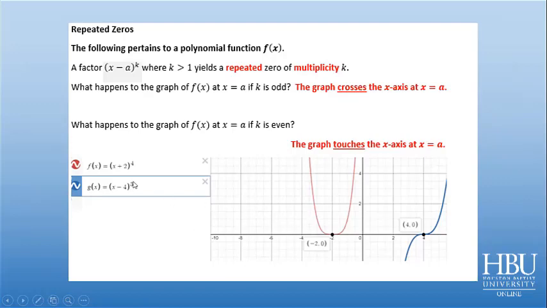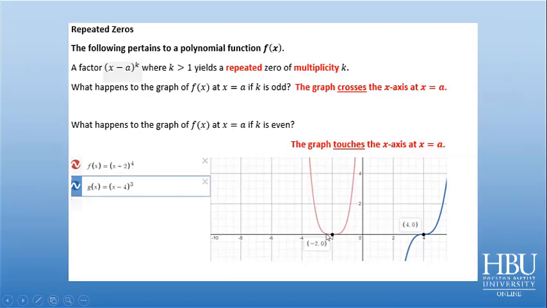The red graph here is f of x equal to (x plus 2) raised to the 4th power. For the factor x plus 2, minus 2 is the 0 of that factor, because minus 2 plus 2 is 0. The k here is even, it's positive 4. So this would be a multiplicity of 4 for the 0, negative 2.